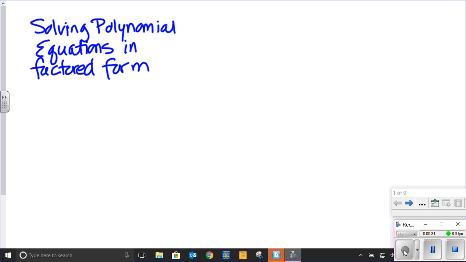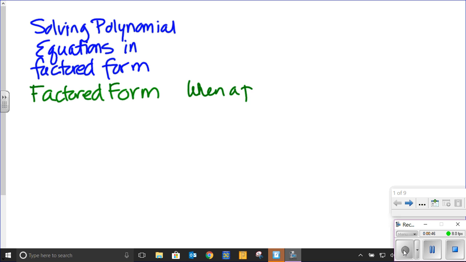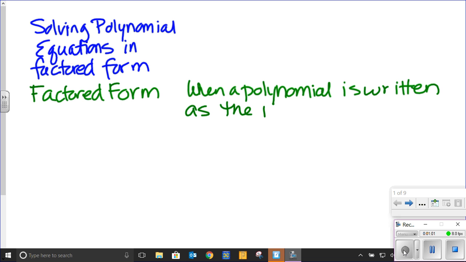So factored form, when we're talking about factored form, what we're talking about is when a polynomial is written as the product of two or more linear factors.